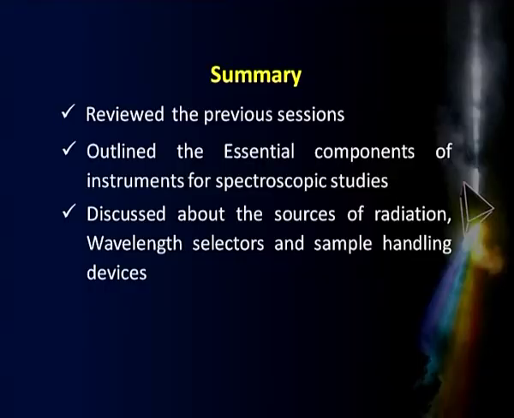Similarly, we talked about the types of wavelength selectors used, and primarily the wavelength selectors are going to be monochromators. We talked about 2 kinds of monochromators. One is a grating based monochromator or a prism based monochromator, or in crude visible spectrometers, we can even use simple glass filters.